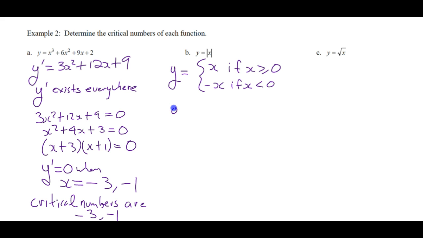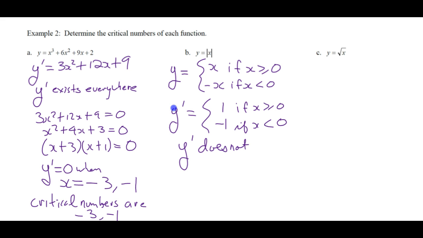Well, y prime is 1 if x is greater than or equal to 0, and y prime is -1 if x is less than 0. Which means that y prime does not exist when x is equal to 0. And so our critical number is 0.